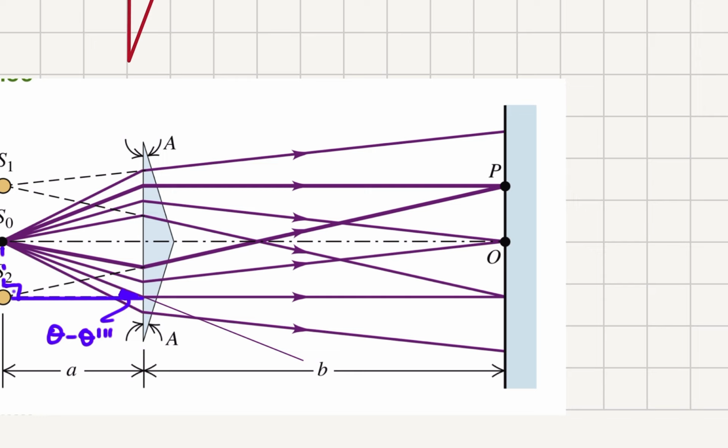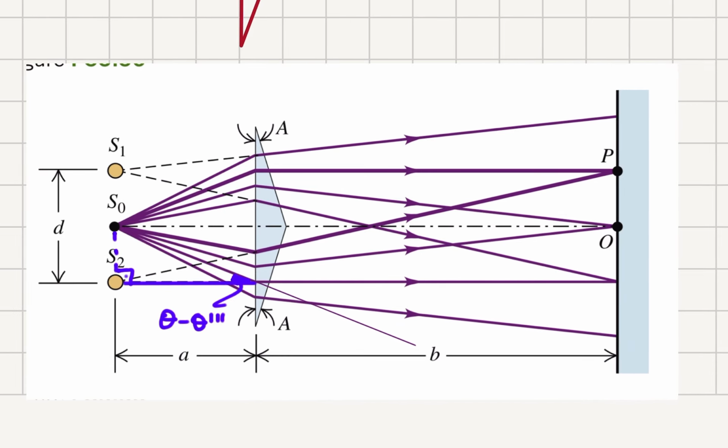That angle is the same angle here as here. If this is the horizontal direction, now you can see that for this construction, I have this wave coming from S0, and this is the horizontal direction.